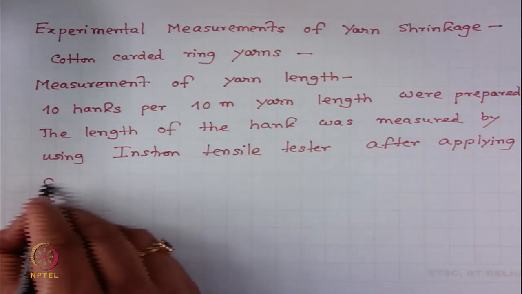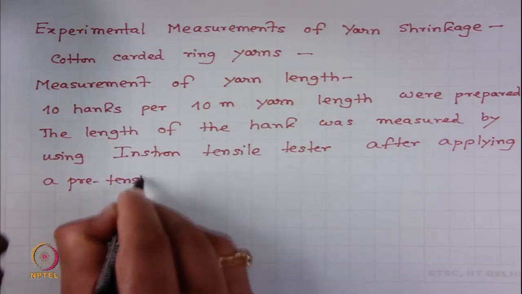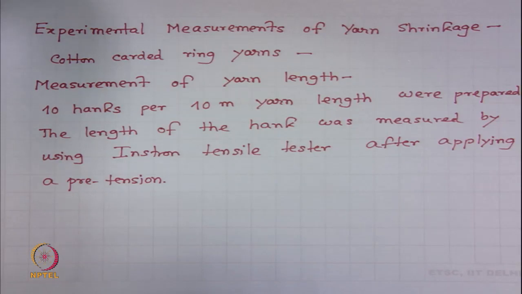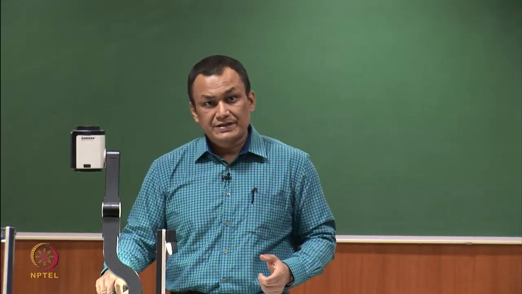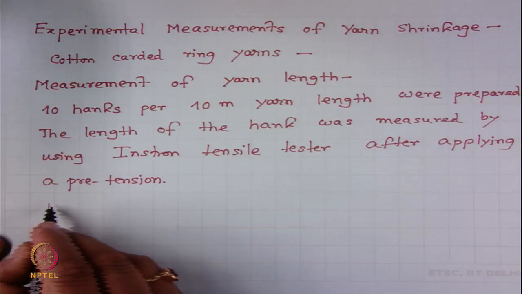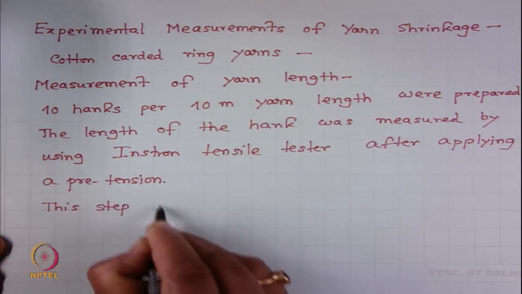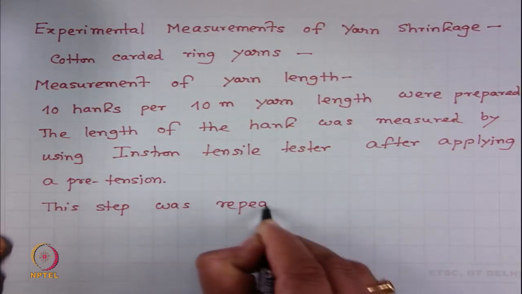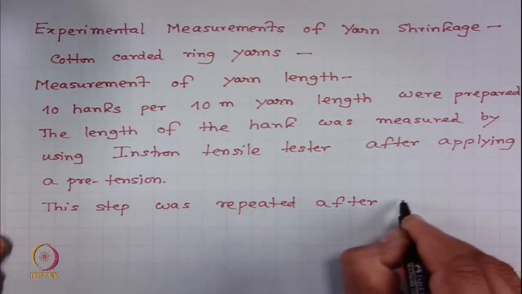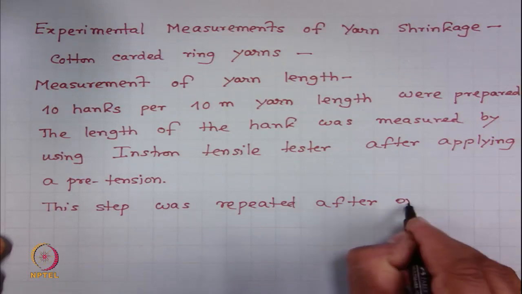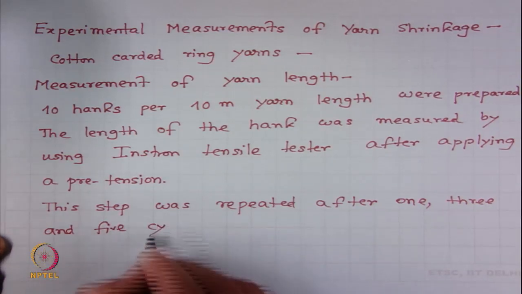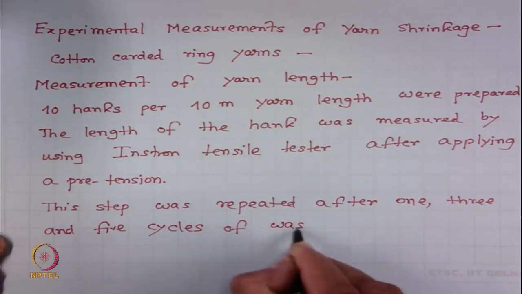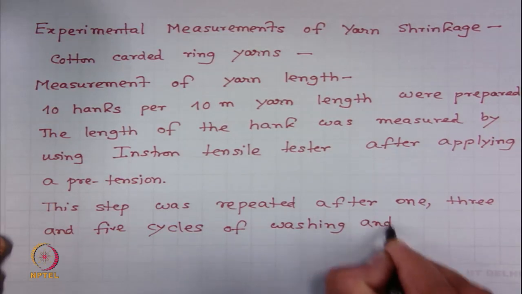Then this yarn underwent one cycle of washing and drying, then this step was repeated after 1, 3 and 5 cycles of washing and drying.